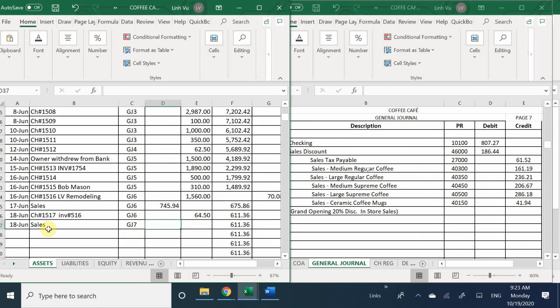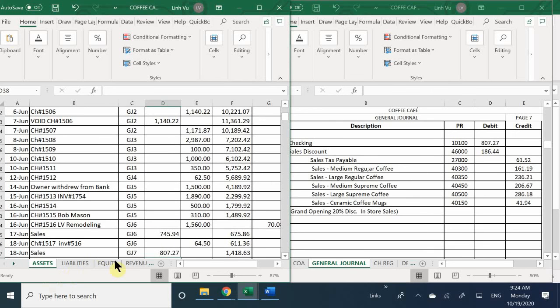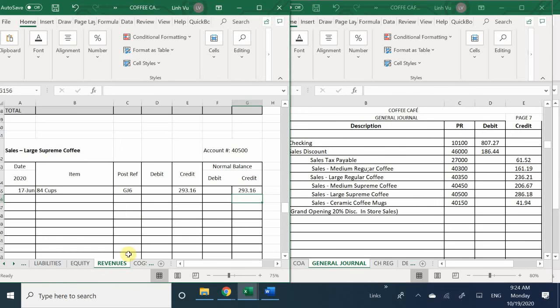And the total, bringing me a grand total of how much? 1418.63. Yes. Good. All right. Where do I go next? Sales discount. That's going to be under revenues.